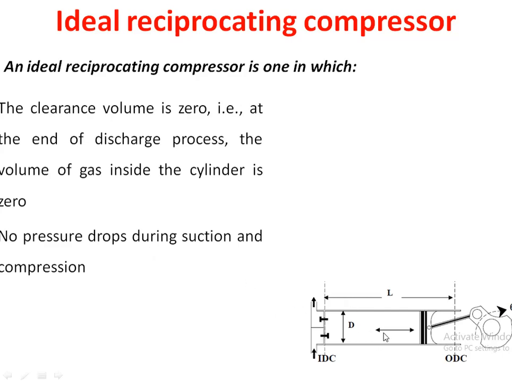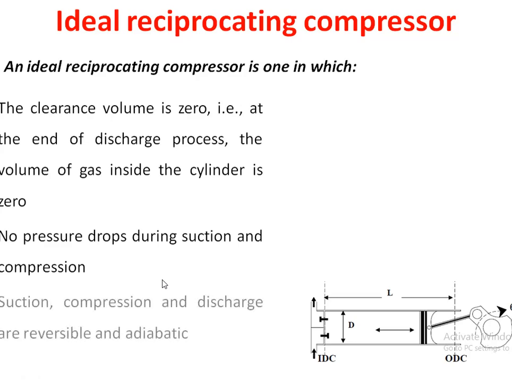The suction pressure will be equal to the outside pressure. Similarly, during the discharge, the pressure inside the cylinder and the pressure of the high pressure gas in the receiver will be the same, which is not the case in the real world. So this is an important assumption: we assume no pressure drop occurs during suction and compression.